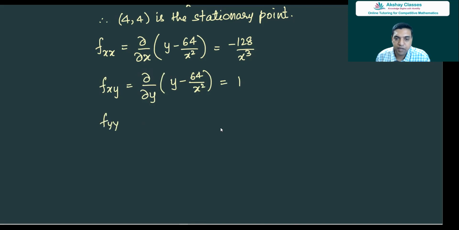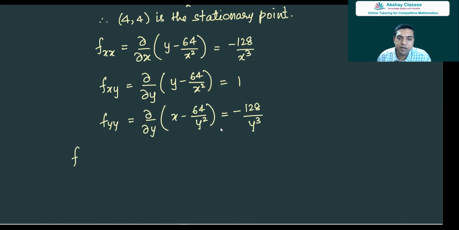And fyy is dou y of x minus 64 by y square, which is minus 128 upon y cube.